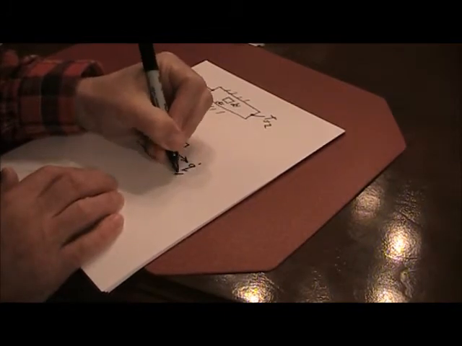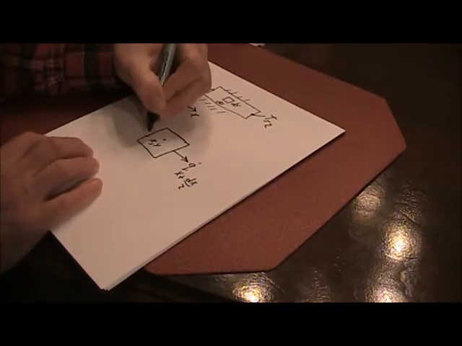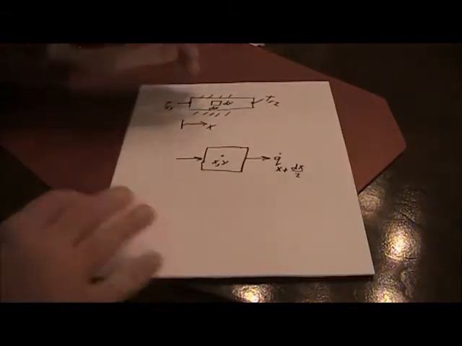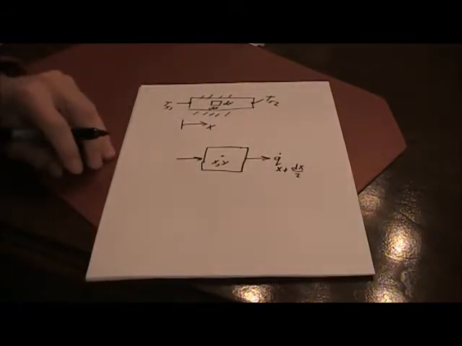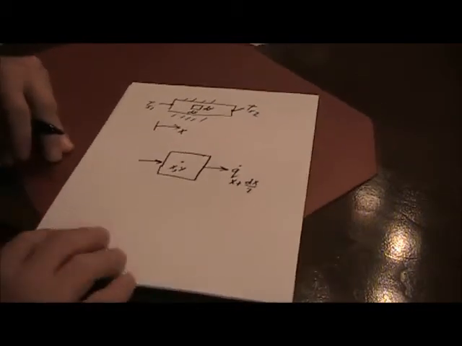We'll just call it Q dot at X plus delta X over 2. And on the left side of the page we'd have heat going in. We'll call that Q dot at X minus delta X over 2.